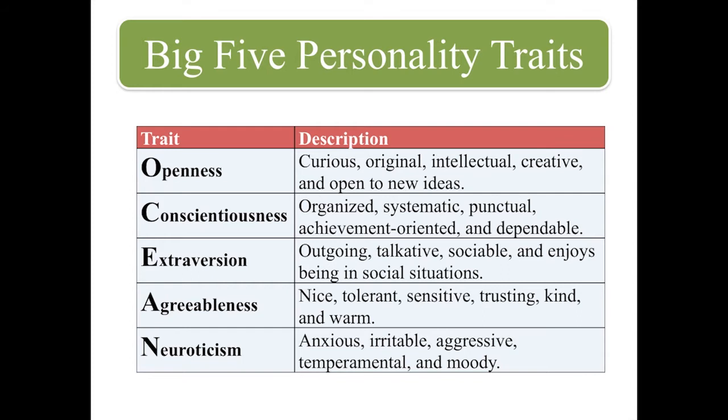And those who are neurotic are anxious, irritable, aggressive, temperamental, and moody. And you might look at how these are organized. If you need a tip on thinking about how to remember each of these five traits, you can think of the acronym OCEAN to help you remember the Big Five personality traits. When we think about these, the one that's related most frequently to job performance and training performance is conscientiousness, and that makes a lot of sense.